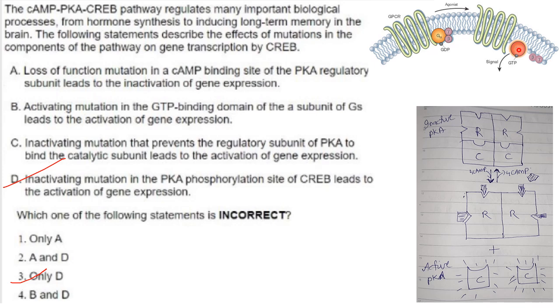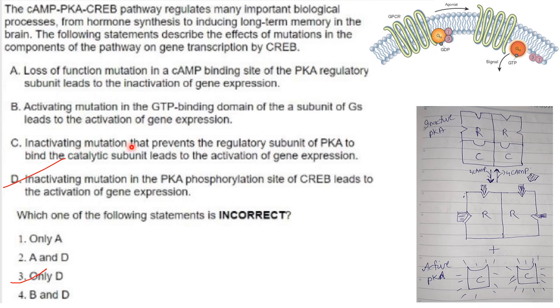It leads to the activation of gene expression. Yes, alpha subunit always bound to GTP means it will naturally result in adenyl cyclase activation, which will result in the synthesis of cAMP, and cAMP will activate PKA, and PKA will result in gene expression activation. So B is also correct.